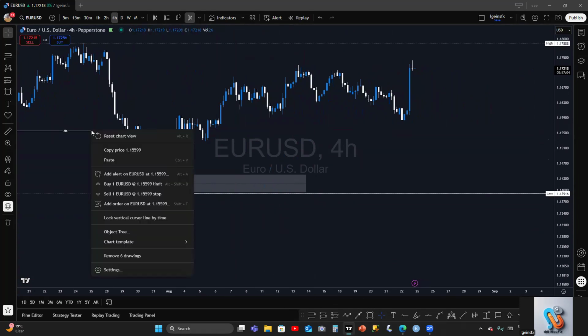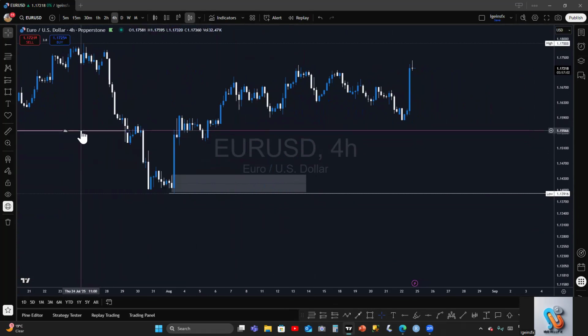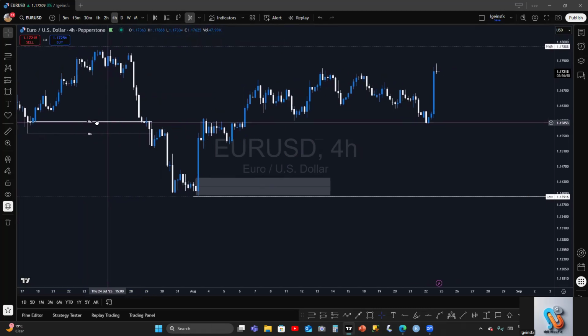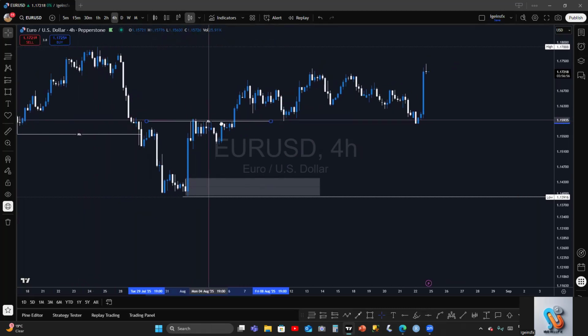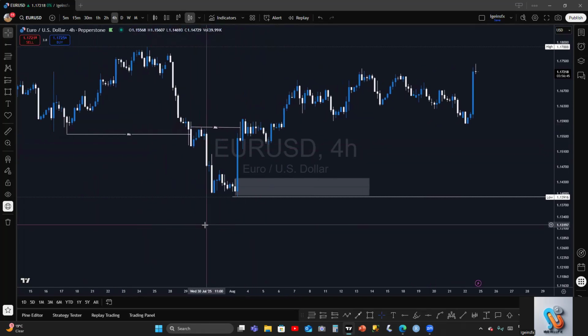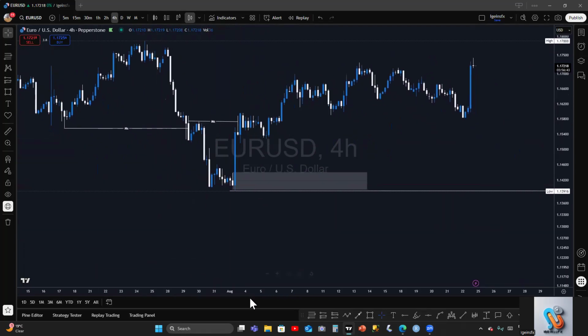There's an MS here. This was the last break of structure.